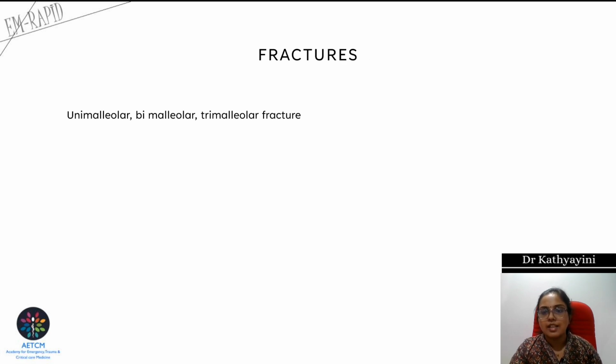Next are the fractures. Fractures commonly seen in the ankle region are the unimalleolar, that is fracture of either the lateral malleolus or the medial malleolus. Then bimalleolar, that is fractures including both medial and lateral malleoli, and trimalleolar, that is the fracture involving the lateral, medial, and posterior malleoli.